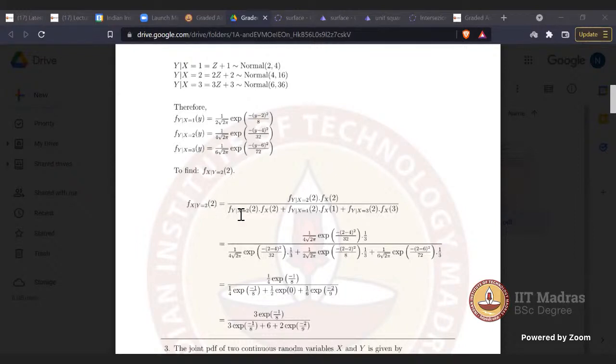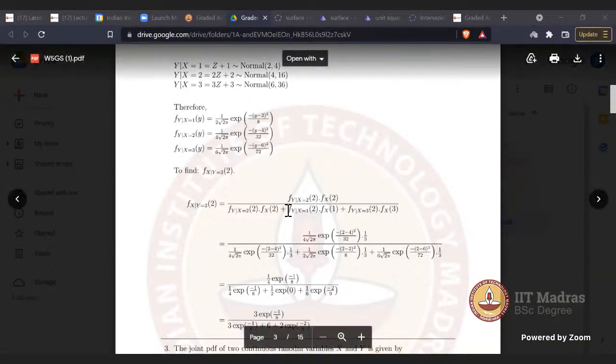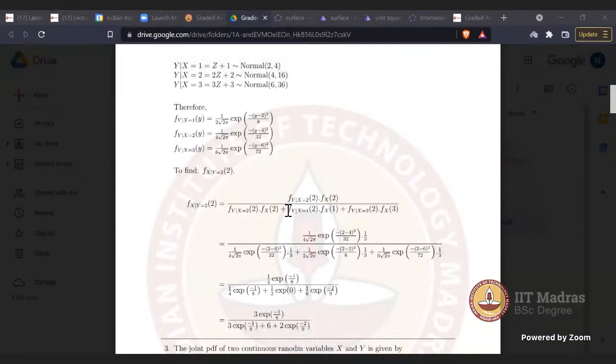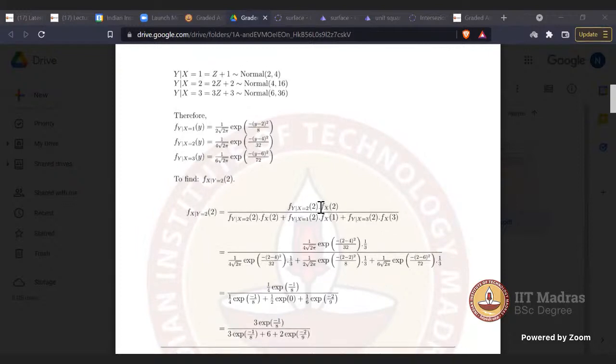And for fy of 2, we write f of y given x equals 2 times probability that x equals 2, plus f of y given x equals 1 of 2 times probability that x equals 1. It's like Bayes' theorem: summation of the product of the marginal and conditional.